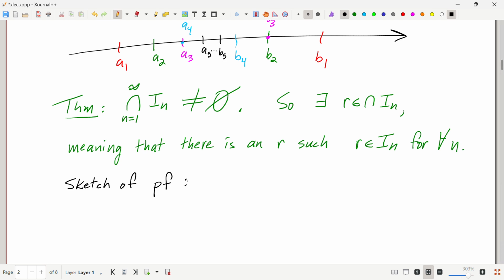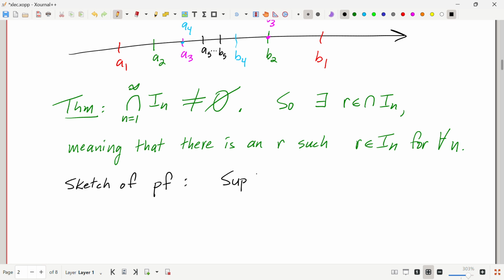Let's see. So the B's are shrinking down and the A's are sneaking up. So if you think about the intersection, the sup, every A is bounded by every B. So all those A's are less than B1, for example. So they're bounded from above.